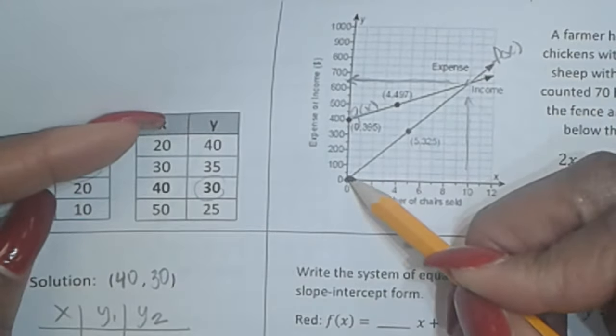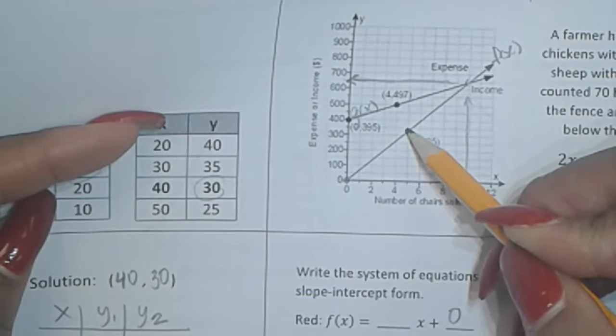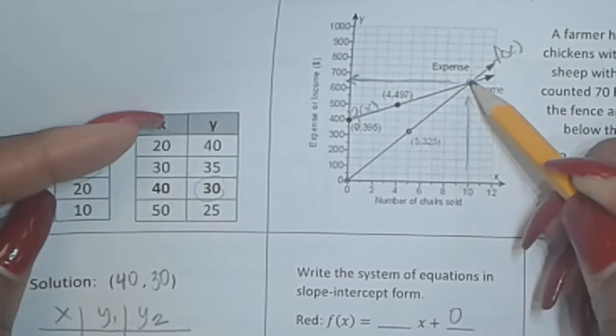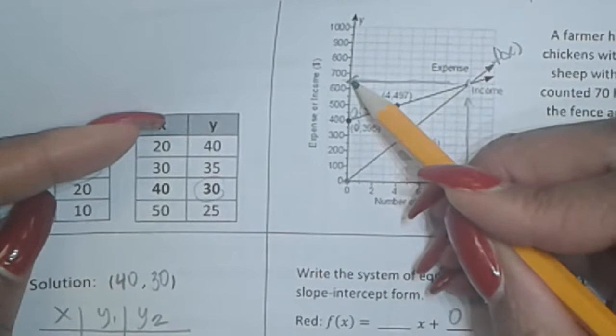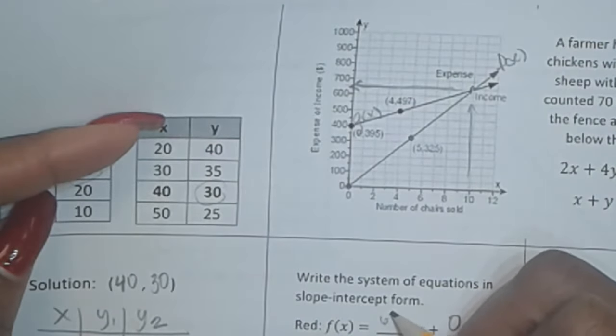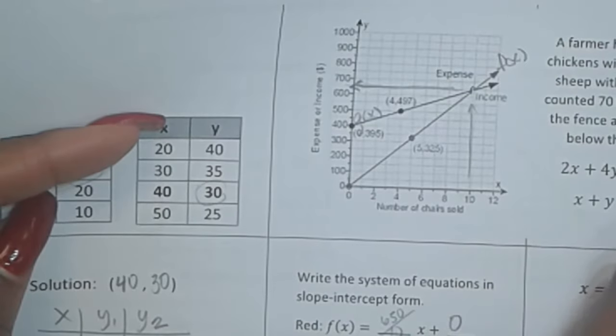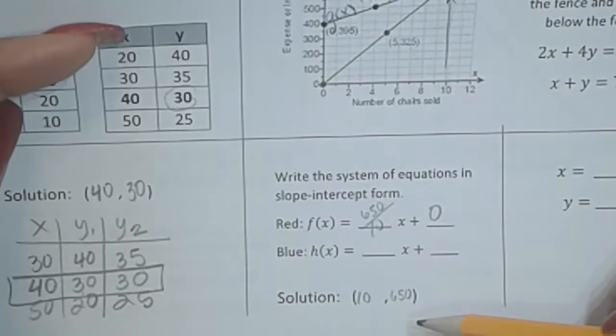It is going up how much? From point to point. How about we just go from here to here? It goes up 650 and over 10. 650 over 10, which means that reduced slope would be what? 65.